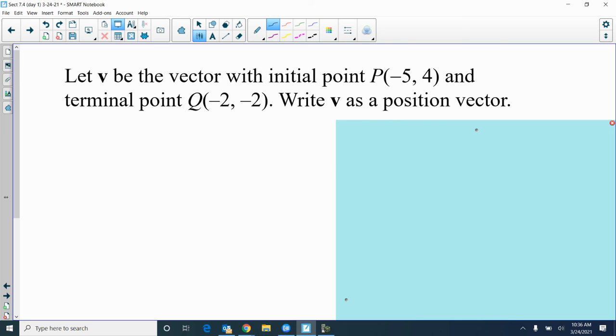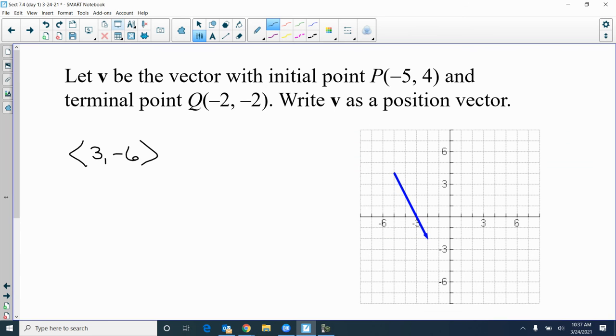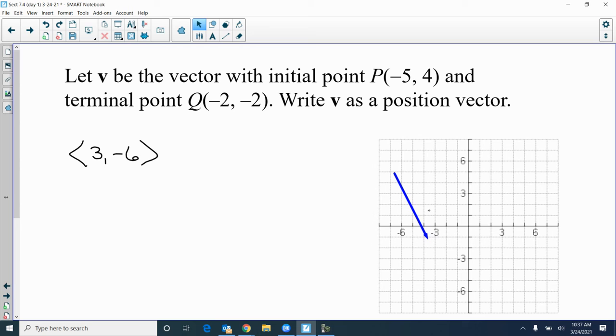All right, Cole DeLuca, what do you got? 3, negative 6. Anybody got anything else? We're all good? 3, negative 6. All right, so here's this position vector. Here's P is negative 5, 4, Q is negative 2, negative 2, and it's a lot easier.